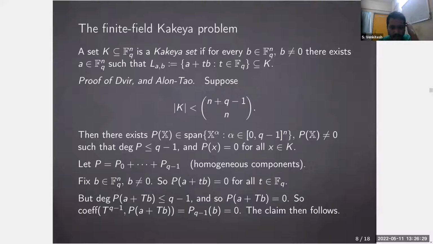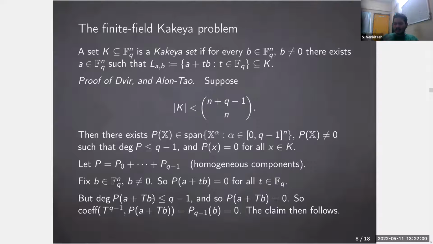Now let's look at the coefficient of the highest power, t to the q minus 1. It's a zero polynomial, so the coefficient of t to the q minus 1 should be 0. But if you compute the expressions, you will get that the coefficient of t to the q minus 1 is in fact the (q minus 1)th homogeneous part evaluated at the direction vector b. So this implies P_{q-1} at b is 0.